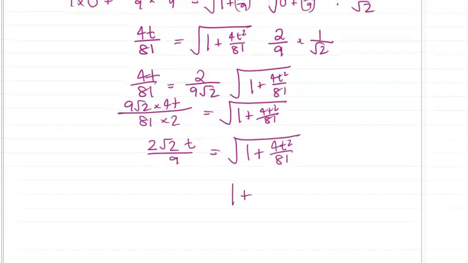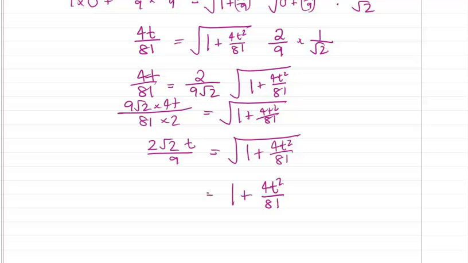So the right-hand side just turns into 1 plus 4t squared on 81. 2 root 2 I recognise as root 8, so when I square it, I'll just get 8t squared on 81.